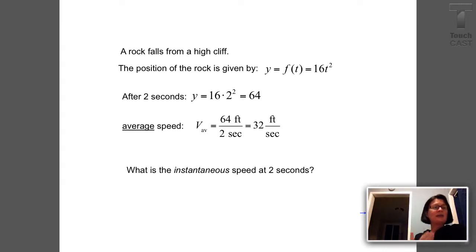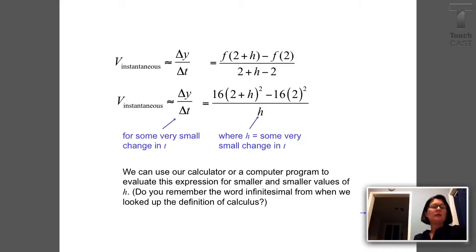Could we use math to figure out how fast that radar gun would read at exactly 2 seconds? So how can we compute instantaneous velocity at exactly 2 seconds? Well, we still have that same quotient we want to find. The change in distance divided by change in time is still going to give us speed.